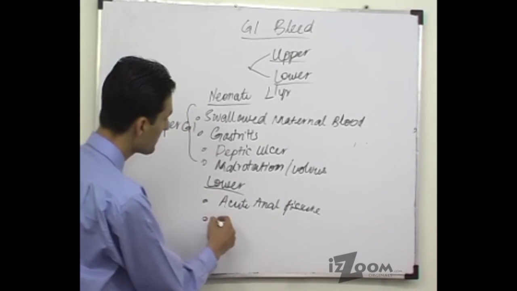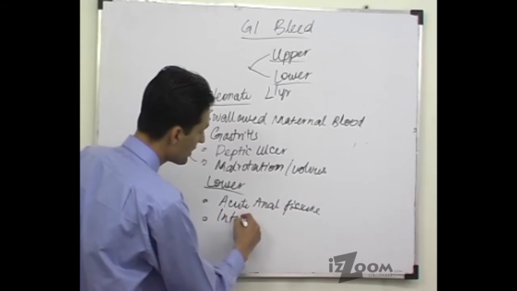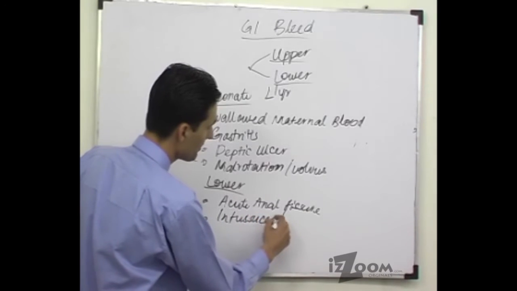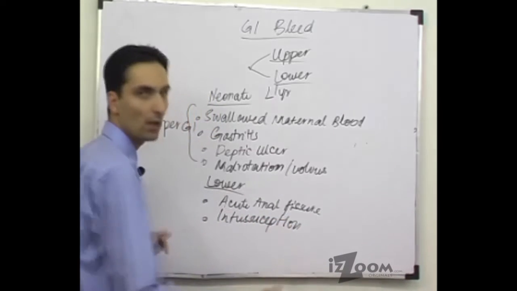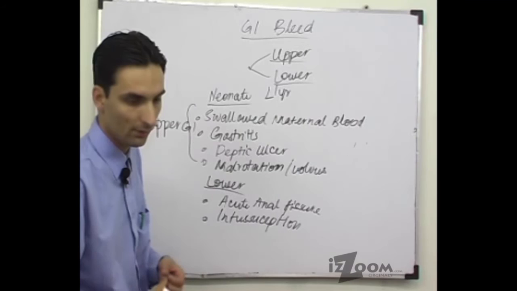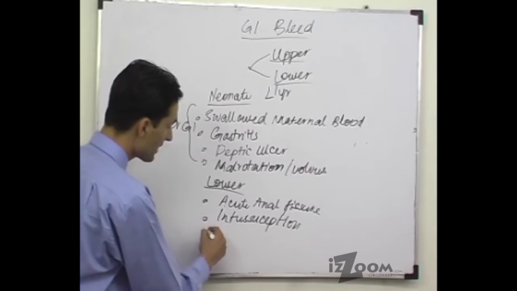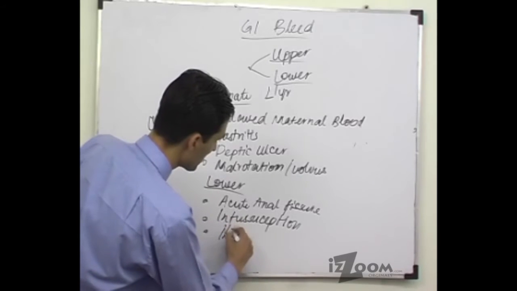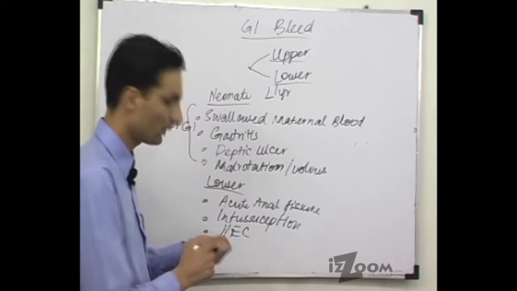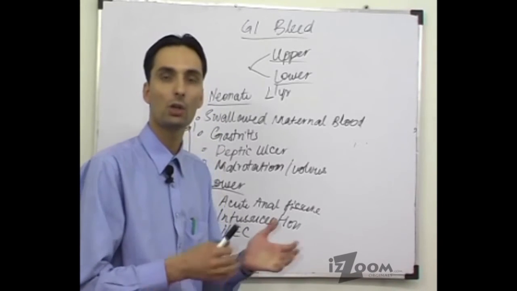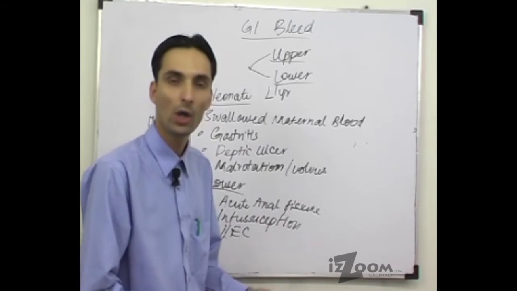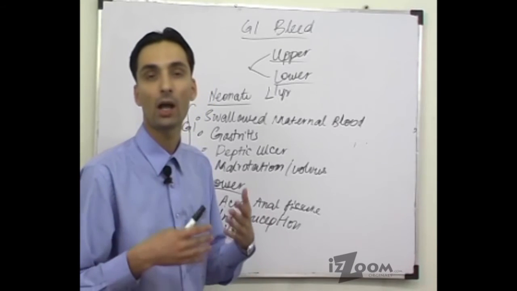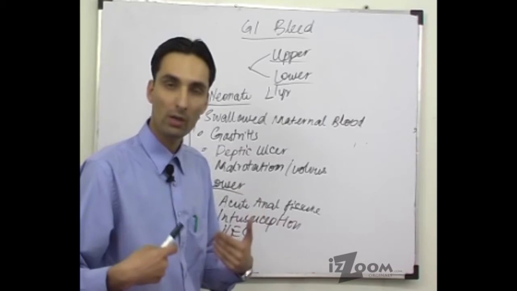Another cause that can lead to lower GI bleed is intussusception, which I'll be discussing later in the course of this chapter. Necrotizing enterocolitis is a cause of lower GI bleed that occurs in a premature newborn.